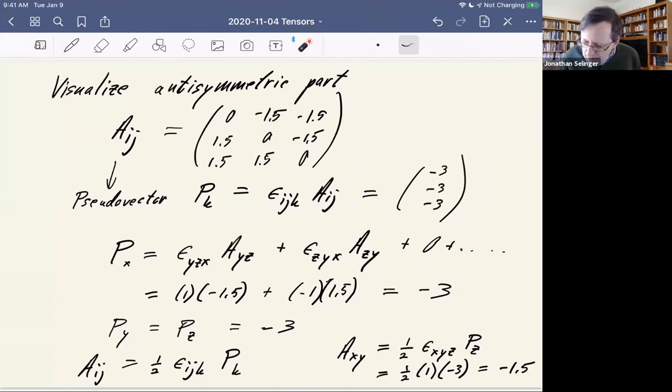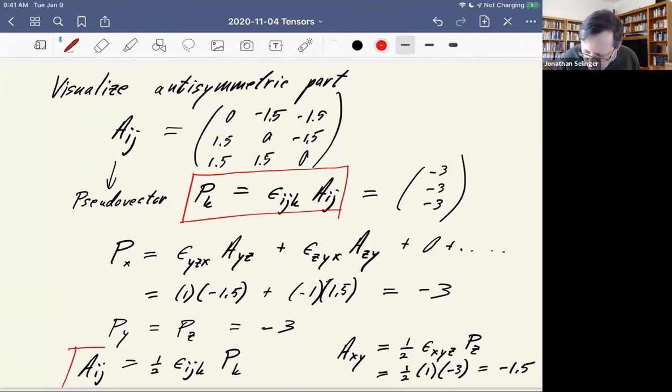So by using this rule to go from an antisymmetric matrix to a pseudovector and vice versa, you can take the antisymmetric matrix, transform it into a pseudovector, and visualize that.